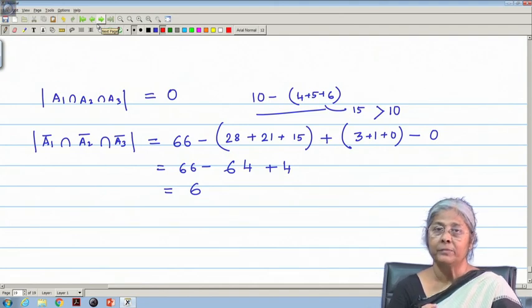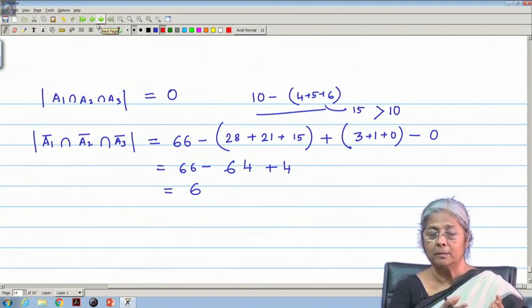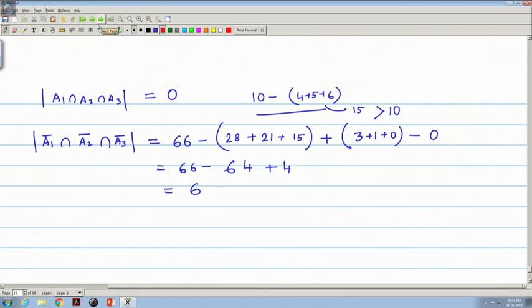One example we saw was how to find the integral solution of an equation, and here, with another example of combination with repetition, we have seen that we can use the inclusion-exclusion principle that we read earlier. In this way we can handle permutations and combinations.